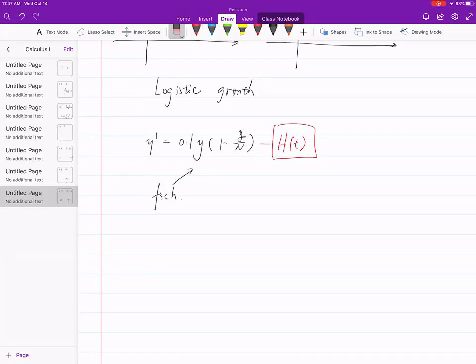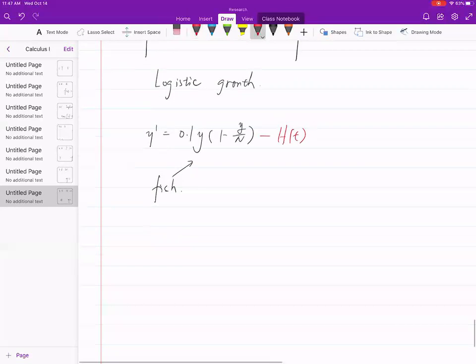You wonder, how can I pick an h to achieve the following? Number one, I pick h such that I don't break the system. Because if I do too much, the whole system, the trajectory originally was like this. If you do too much, it goes like this. And the fish just die out.